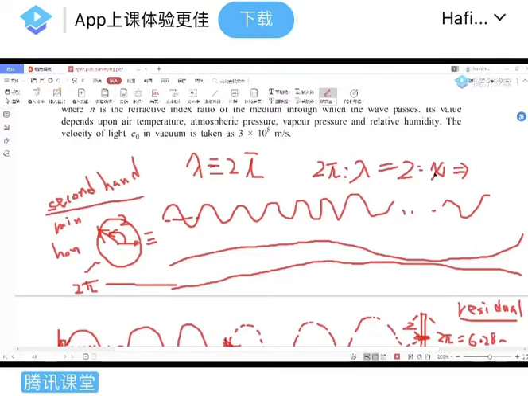So how much do you get? You get x is 2 over 2 pi times lambda.